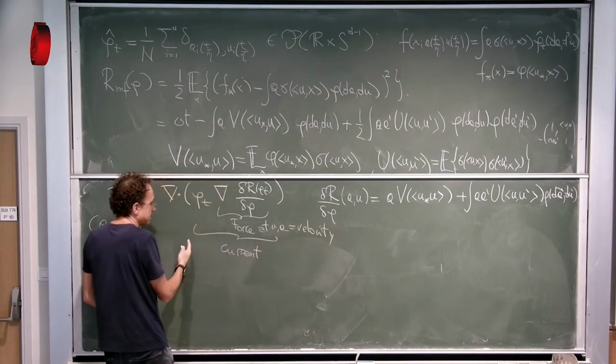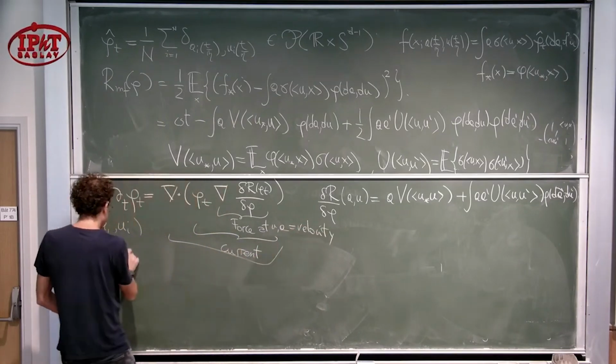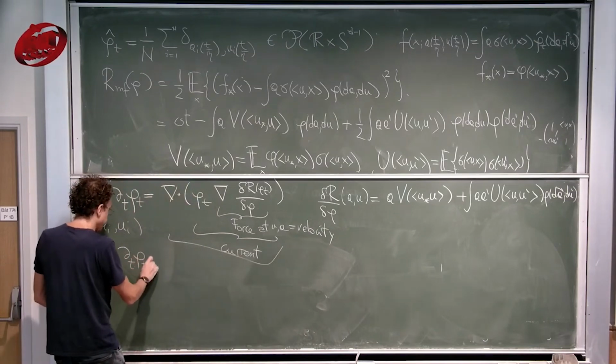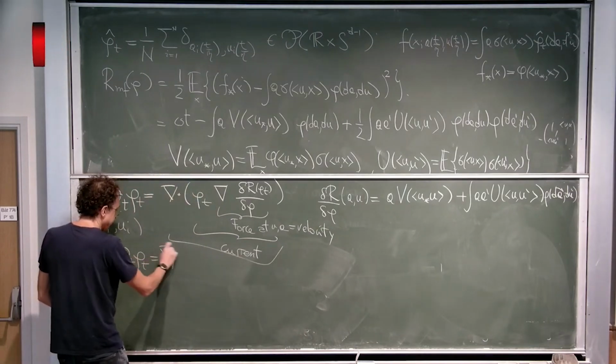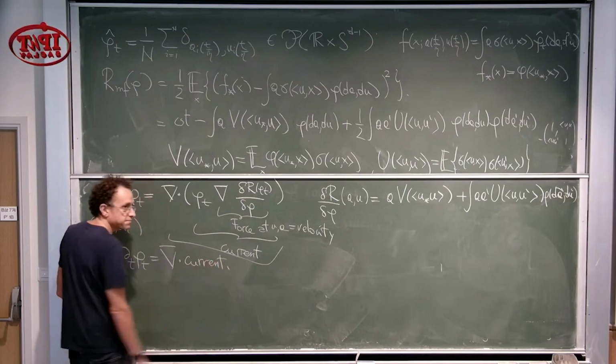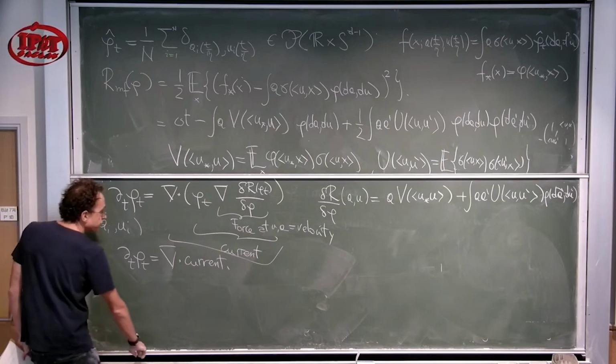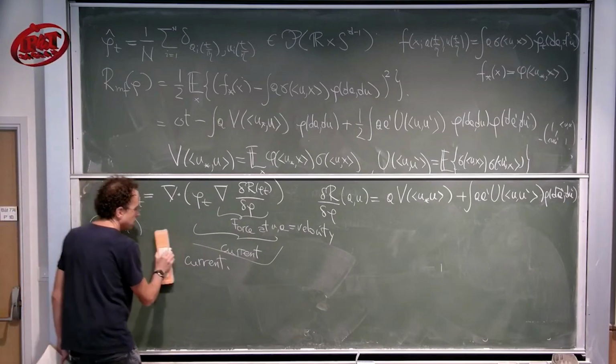This is the current at the point. So this equation says the derivative of the density is the divergence of the current. So it's just a continuity equation. Okay, so as a physicist, it's very natural to write down this equation.